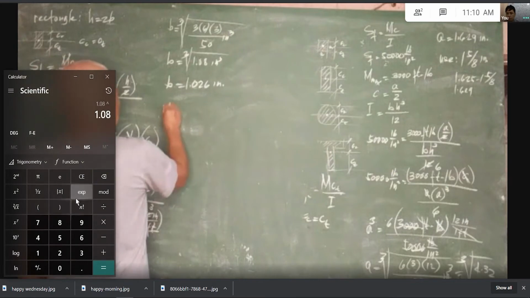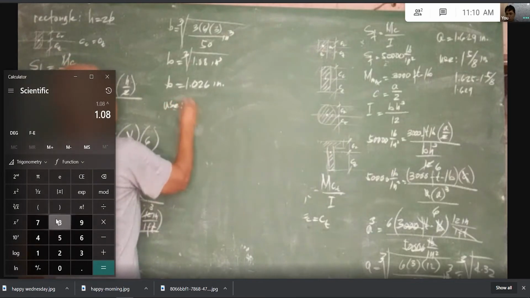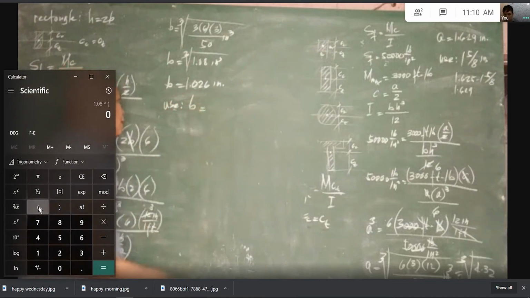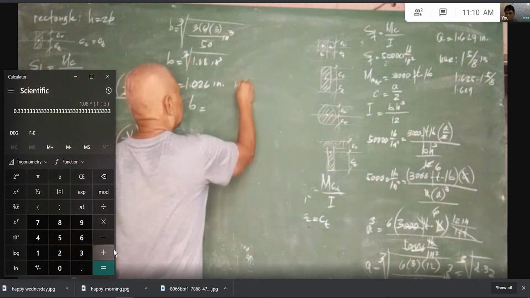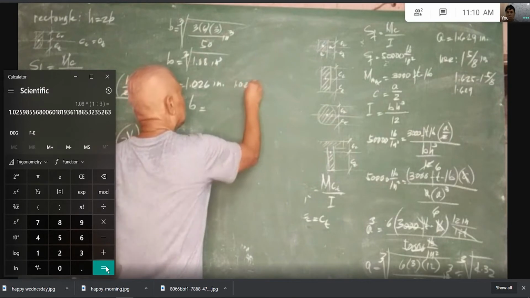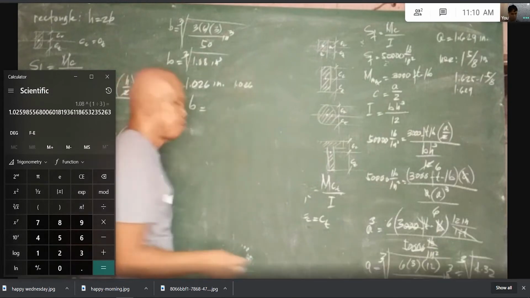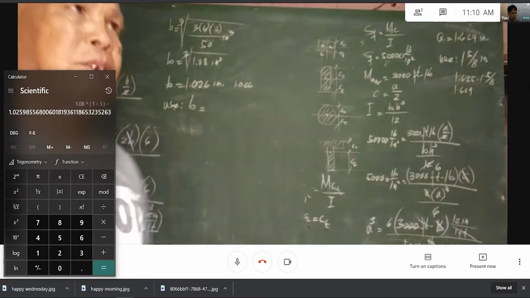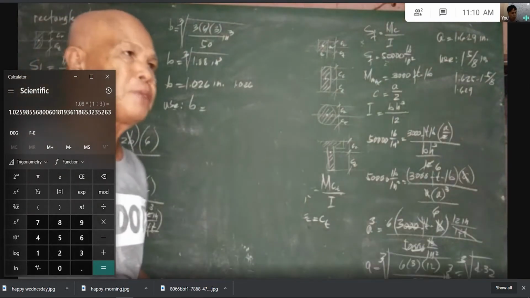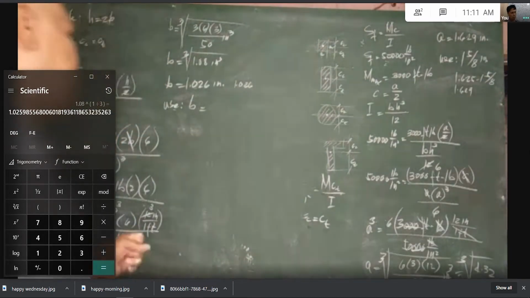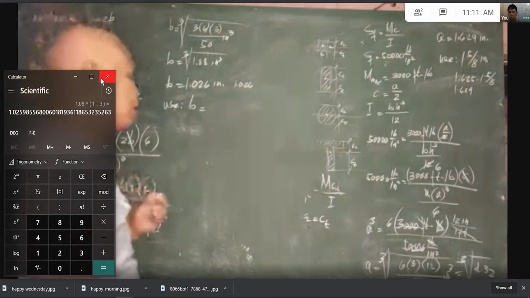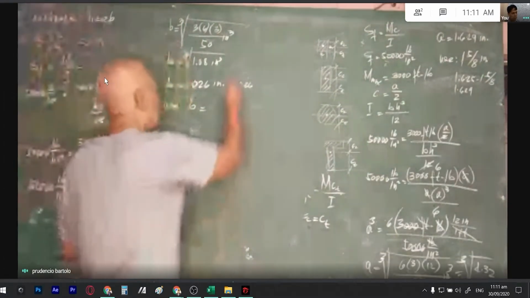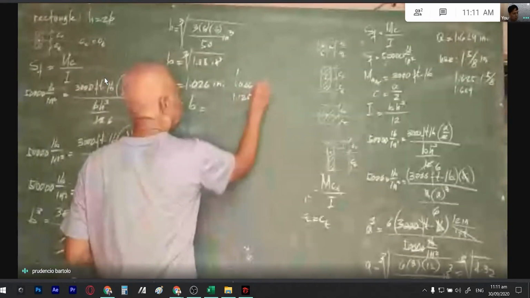So we use now B. If we check, this is our computed value, 1.026. Then 1.026 is within the range of 7/8 to 3. So we can make use of the lower value of 1, higher value of 1.125.